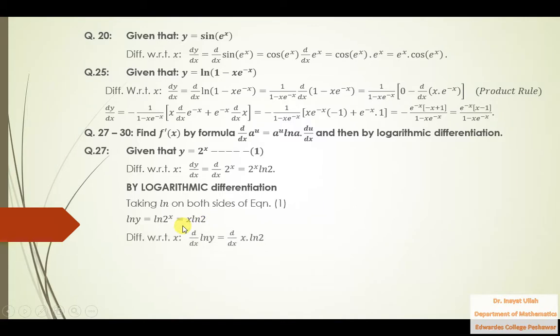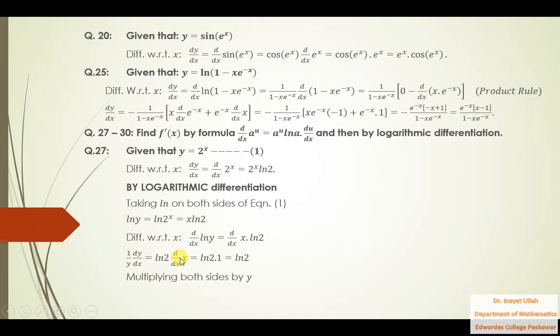Now differentiating with respect to x, both sides. From this side, this is actually natural log of u. So derivative of natural log of u is 1 by u, 1 by y, into further derivative of y. And from here we see that natural log of 2 is constant. So natural log of 2 will be outside of this derivative, and we are left with derivative of x.